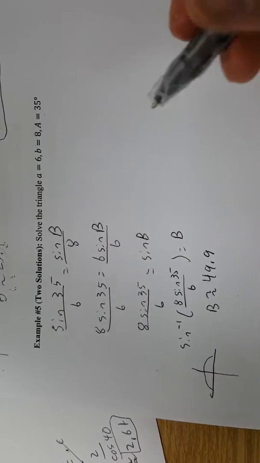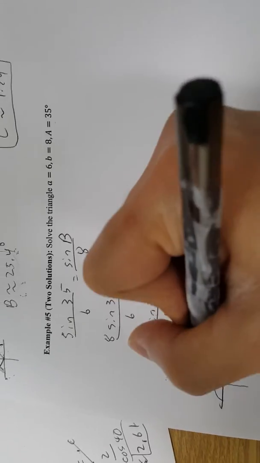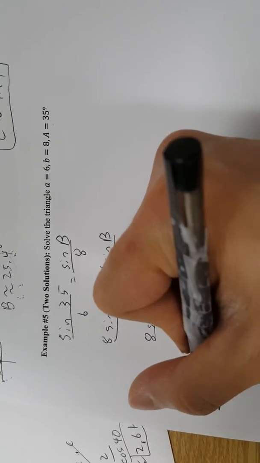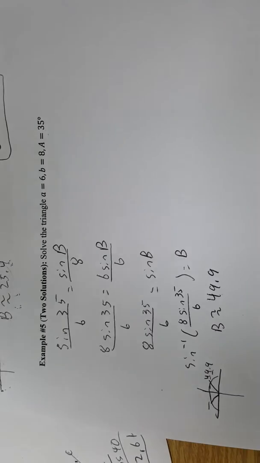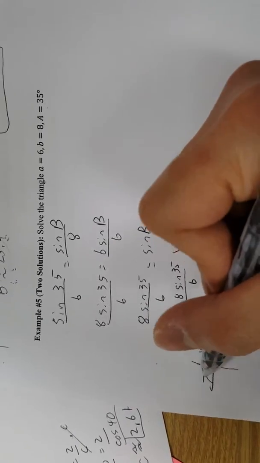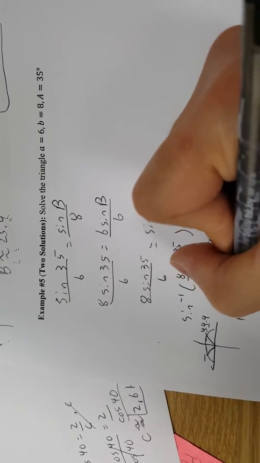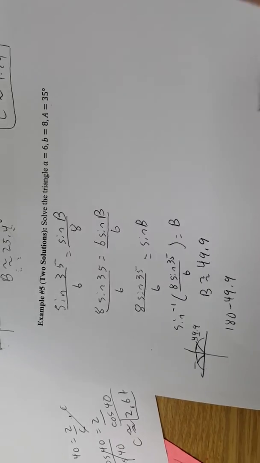Right? In the half of the unit circle, if this is 49.9, I have to find the angle that has the same sine value. Remember, sine is the y value. So I have to find this angle here. Well, this is really just 180 minus 49.9. So my second angle is 180 minus 49.9.